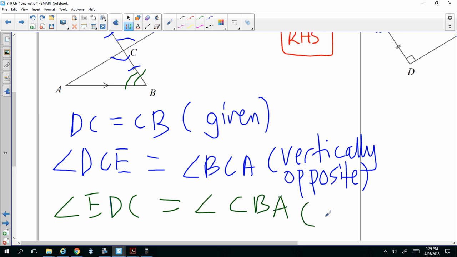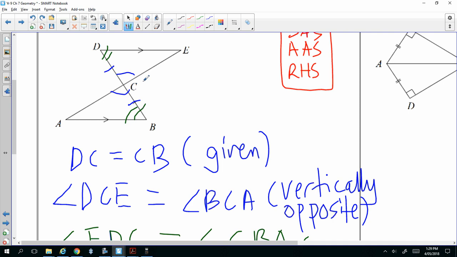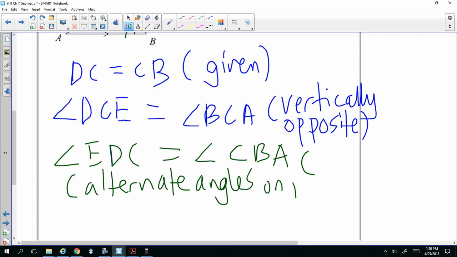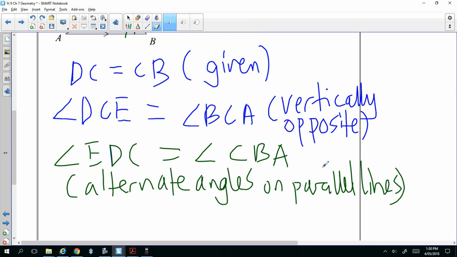What's the zigzag one? Alternate angles on parallel lines. So it's not enough to say on parallel lines. You have to say the type of angles. Okay. Good. We've got 3 reasons. That's enough to help us to prove they're congruent.